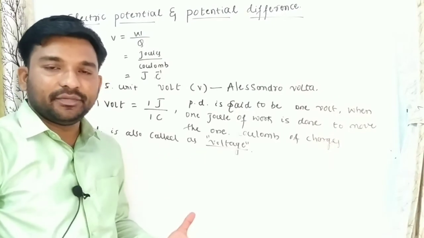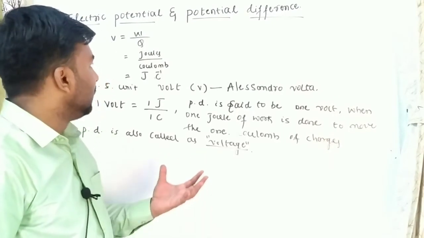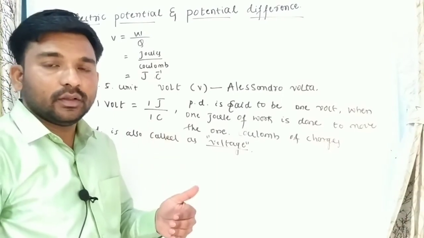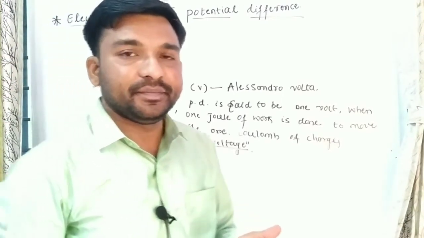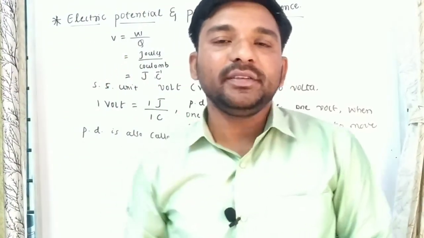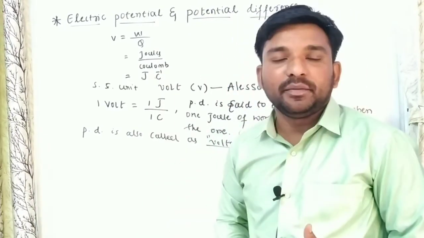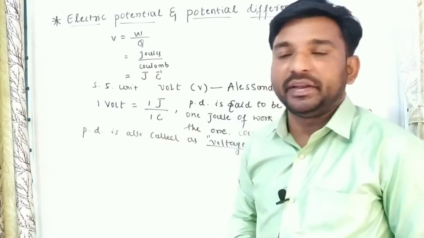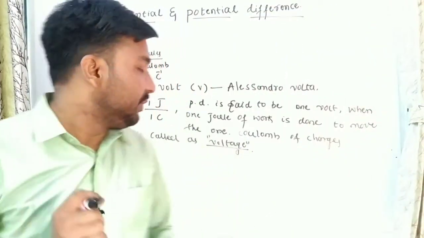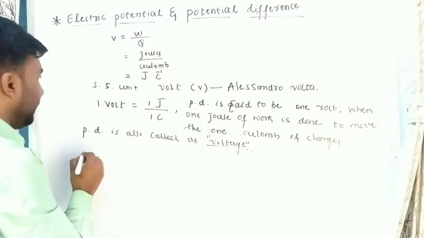As the potential difference is the work done, can it be measured? Yes, the potential difference can be measured in the electric circuit by using the device called voltmeter.